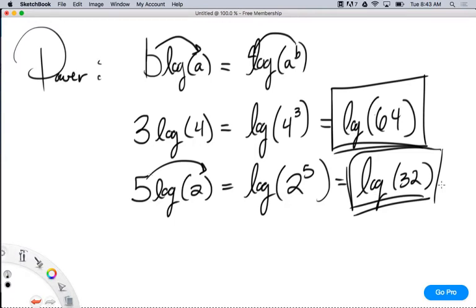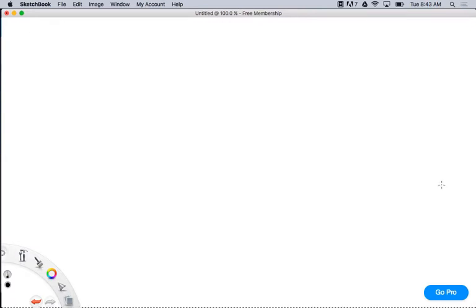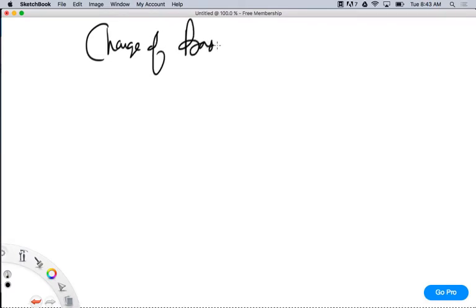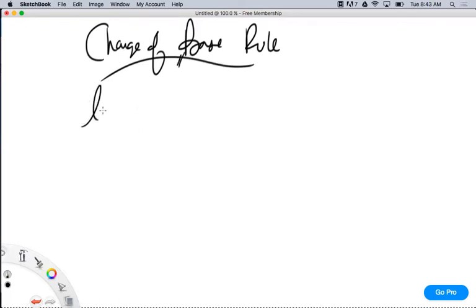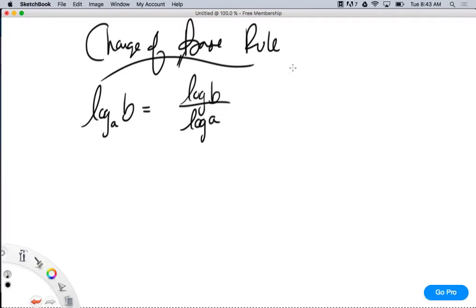All right. Okay. Properties of logarithms. Change of base rule. This is log base A of B equals the log of B over the log of A. Now, the simple stuff is simple.